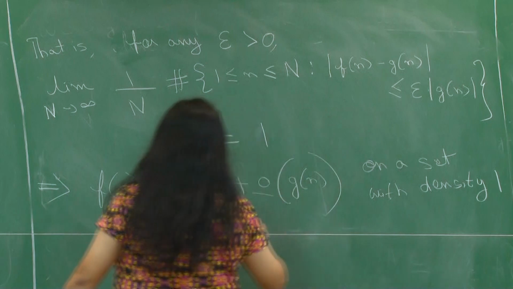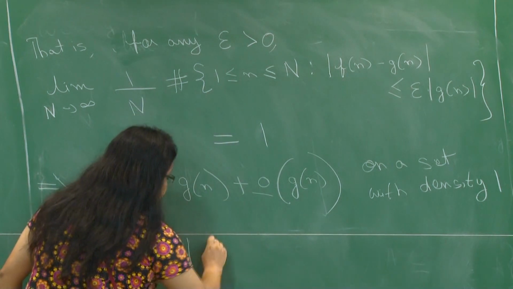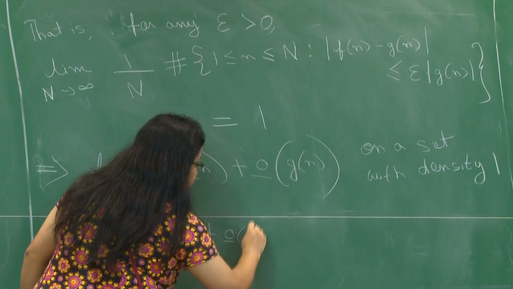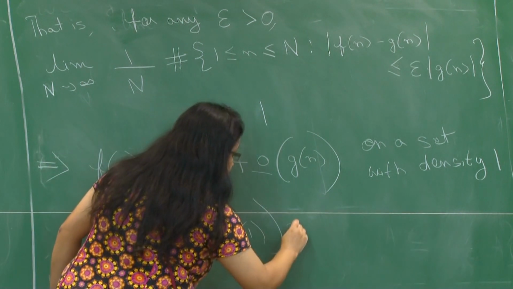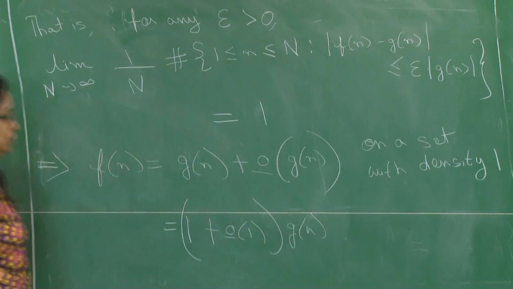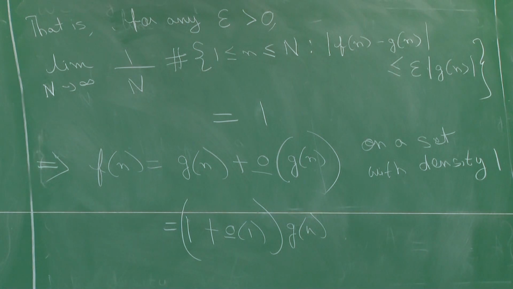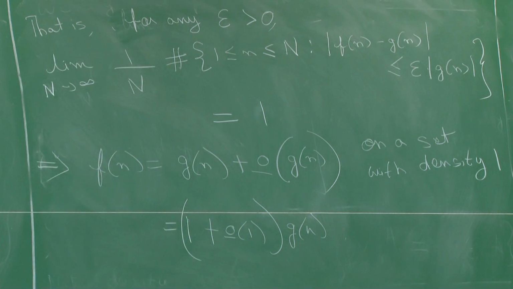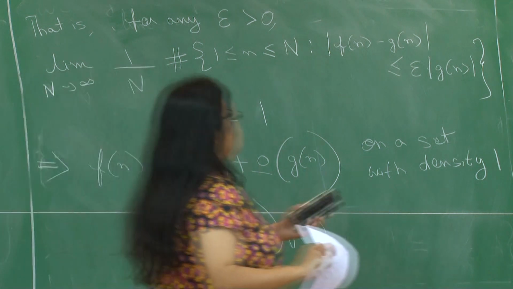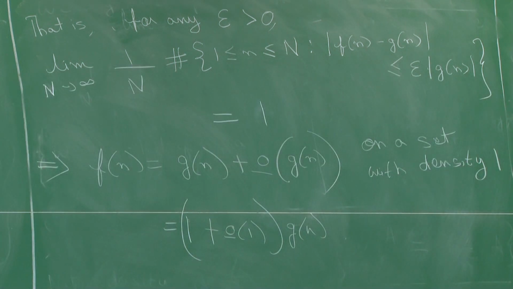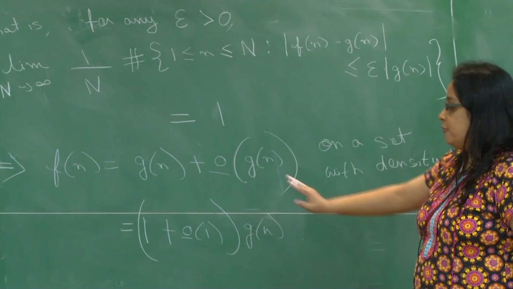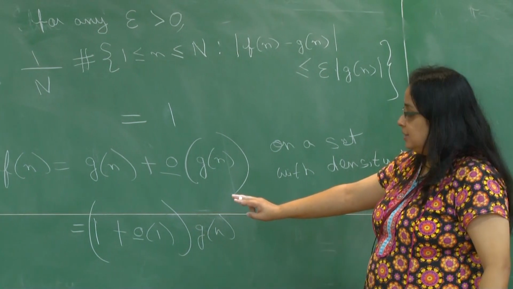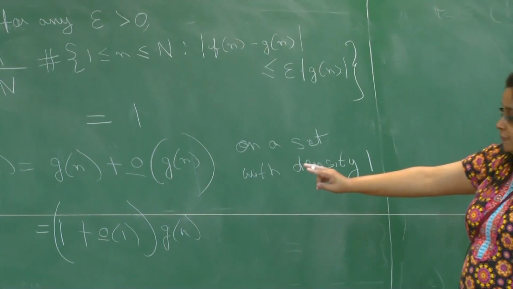This can also be written as 1 plus little o of 1 times g of n. Another way of interpreting this is that for any epsilon greater than 0, f over g, provided that is well defined, the absolute value of f over g is bounded above by 1 plus epsilon.